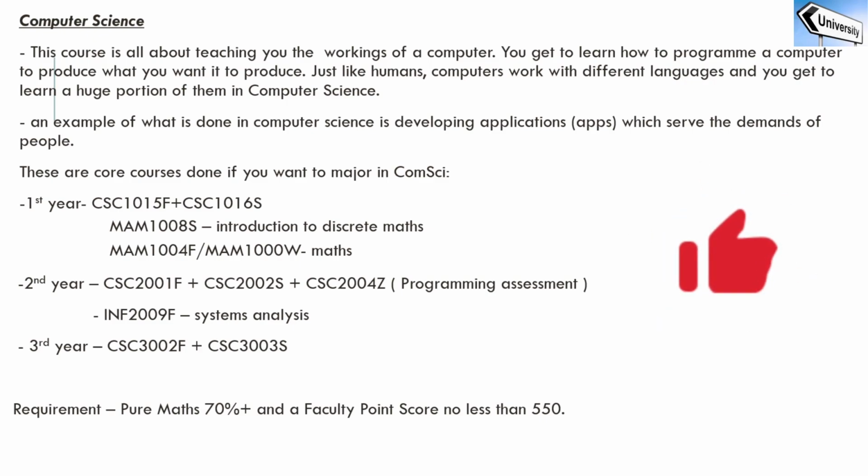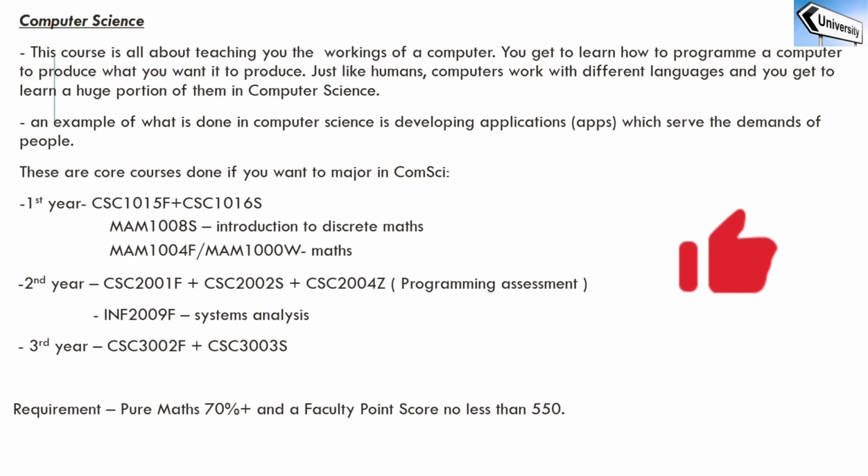Alright, so I've written down the core courses that you do if you want to major in computer science. The courses I wrote down here are course codes for the University of Cape Town. You will see that for some courses I did write what it means. For example, MEM 1008S is Introduction to Discrete Maths. So if you want to go to the University of Pretoria, maybe you will see a course which is the Introduction to Discrete Maths.